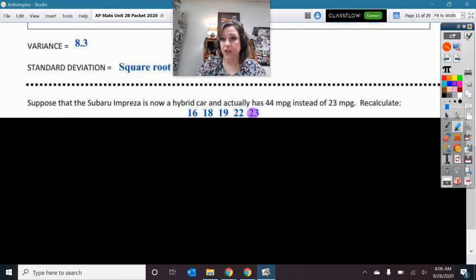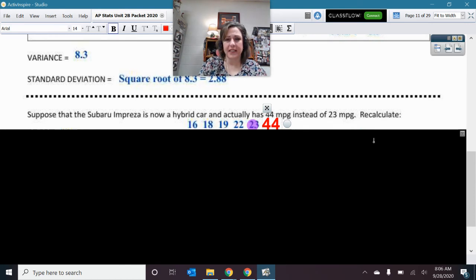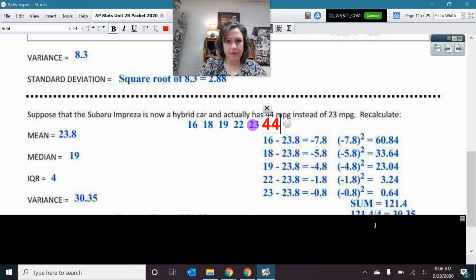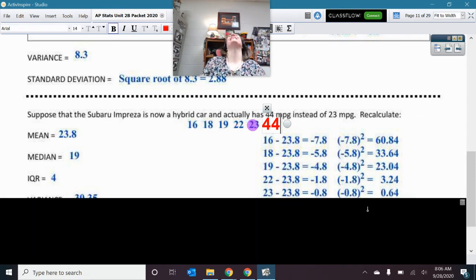So we should have that 44 in there instead of 23. Hopefully I did the calculating right. I didn't, so we have to fix that.